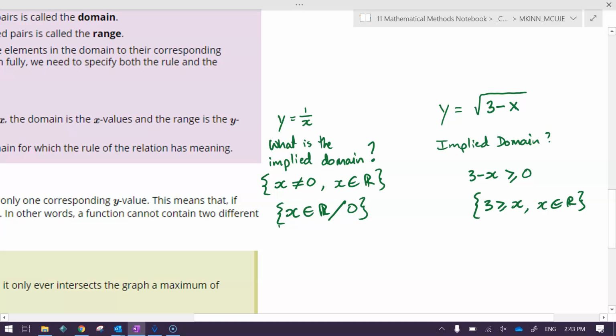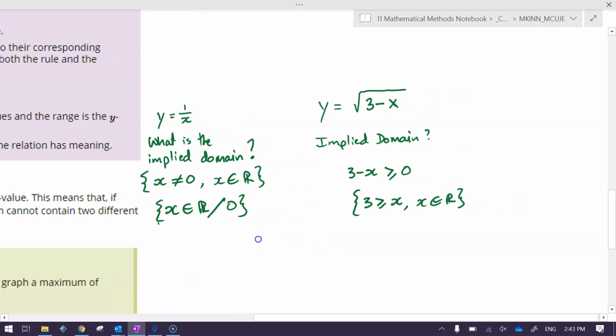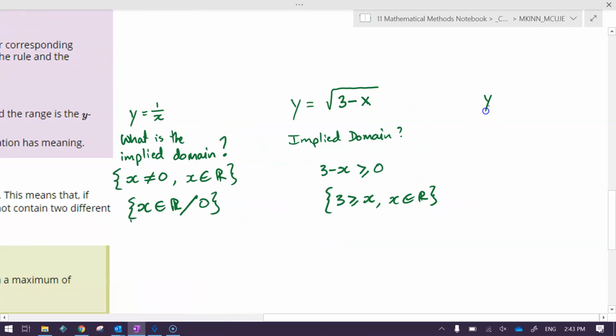The other one, which some of us will have done last year, but not everyone will have done. What about y equals the log of 2x plus 3? If you haven't done logs last year, that's okay.